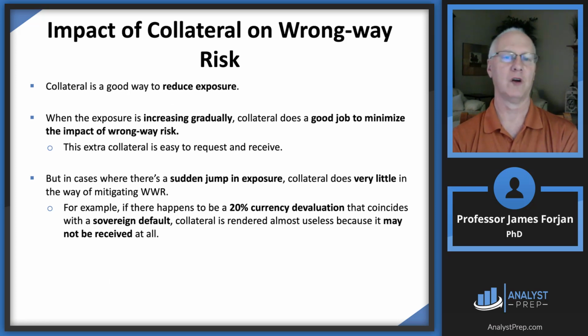Now, of course, since our beginning discussion on default risk, we use this concept of collateral as a way to reduce that exposure. And remember, in some previous slide decks, I used the example of my Beatles CD collection and the Pink Panther diamond as collateral as a way to reduce exposure.